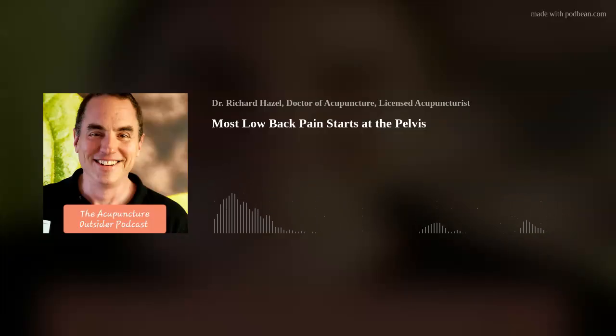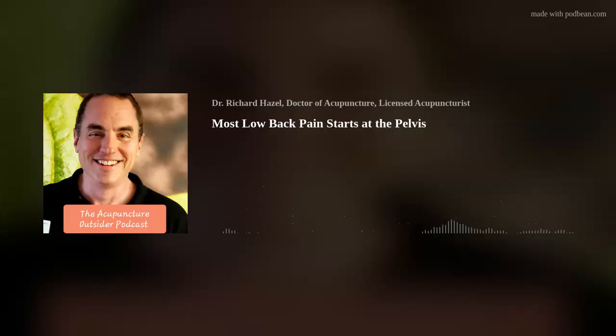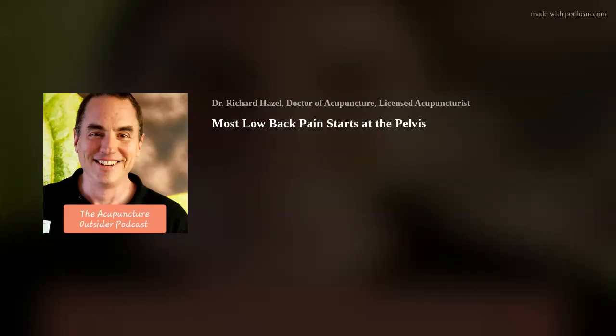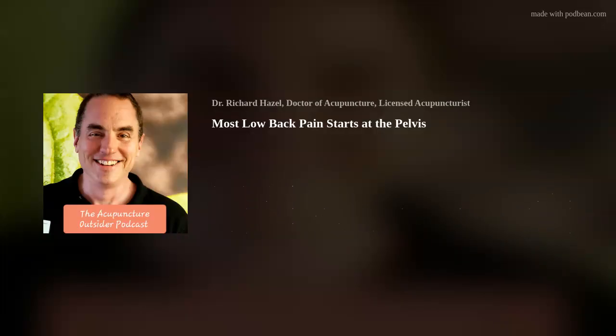So what happens is the deep rotators, which are prone to shortening because they have so many slow twitch fibers so that they don't fatigue, will get tighter. And over time, after they've been tight for a long time, they start to actually shorten. The muscle cells will depolarize and shorten.